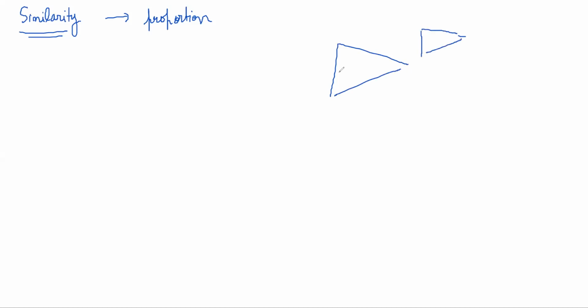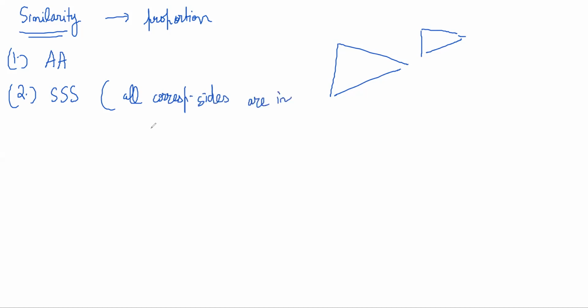The criteria for similarity are AA or SSS, where all corresponding sides are in the same ratio. And the third one is SAS similarity. And you anyway know Thales theorem, so that is not a problem.